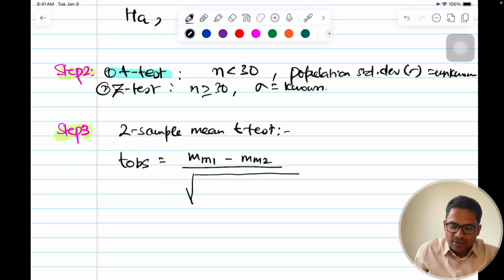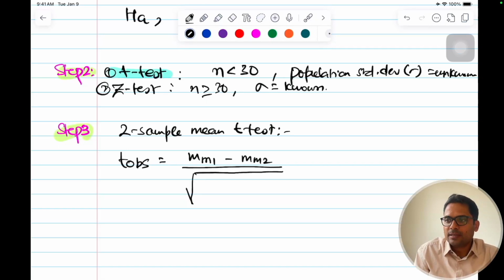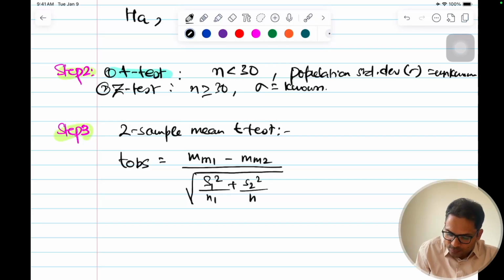My mean 1 and mean 2 comparison compares the two means, and then we standardize it by dividing with the square root of s1 square by n1 plus s2 square by n2. Let me write it for you.